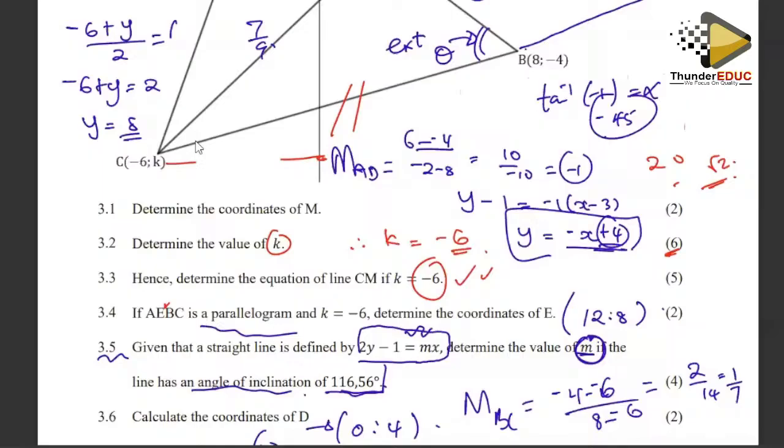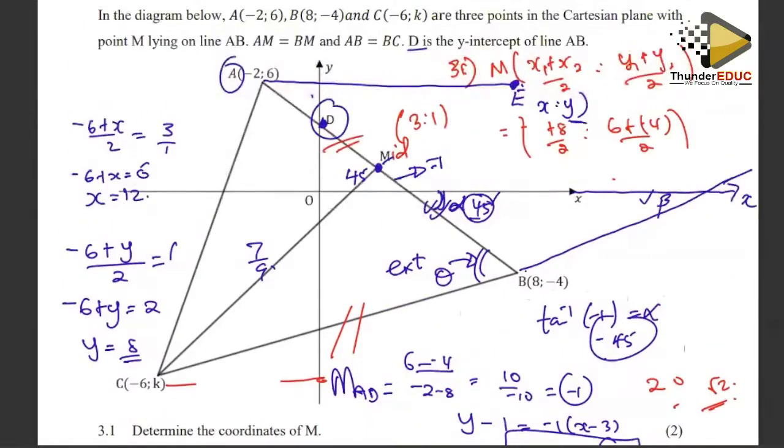So we're going to say that the shift tan of 1/7 should give us our beta. Shift tan of 1/7 because I'm focusing on this line.